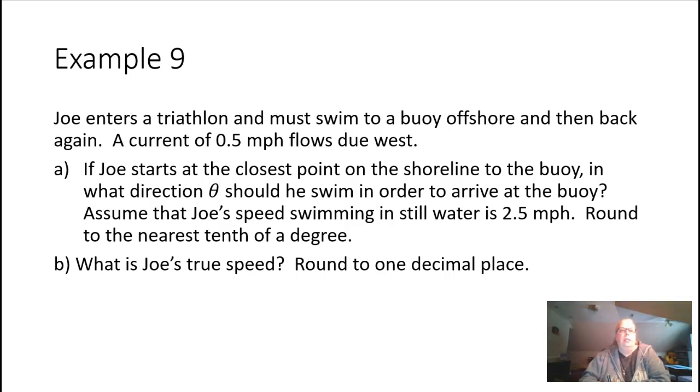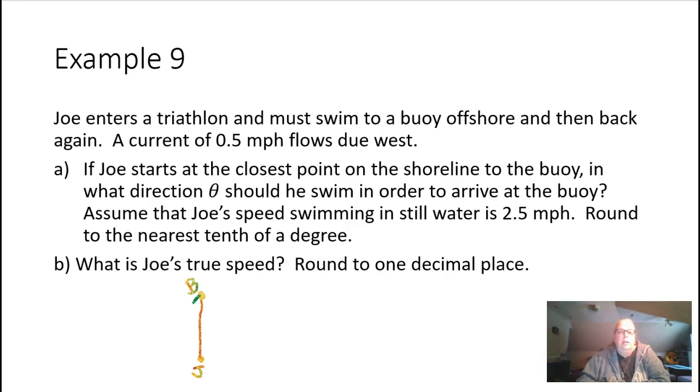Okay, let's take a look at what's going on here. If we place Joe down here on the shore, without the current, he would be able to swim straight across to the buoy.